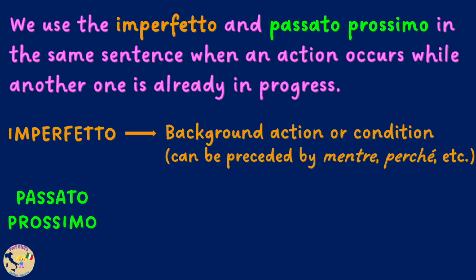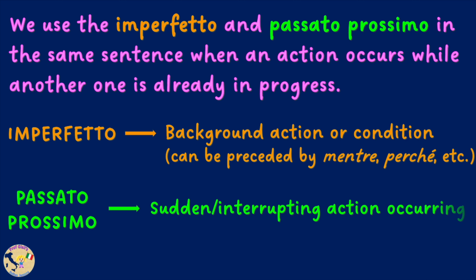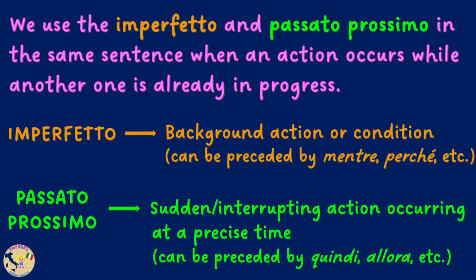The passato prossimo, on the other hand, expresses a sudden or interrupting action occurring at a precise time, a completed action. This can be preceded by connectives such as quindi or allora. Let's look at some examples.